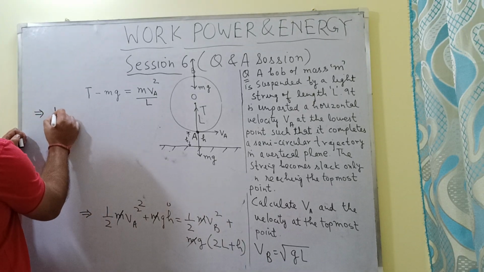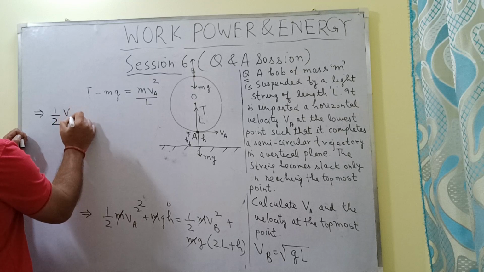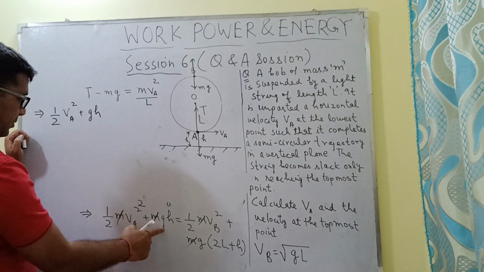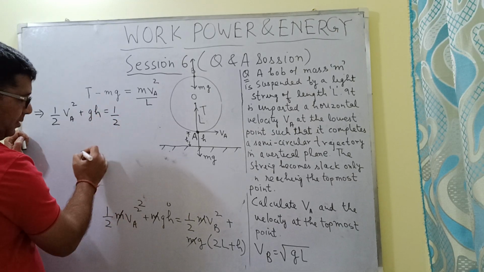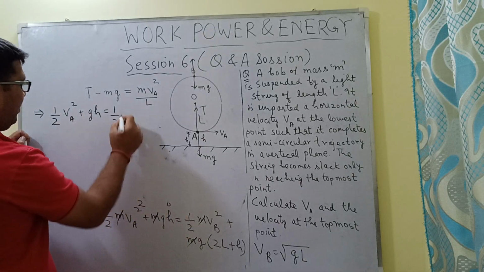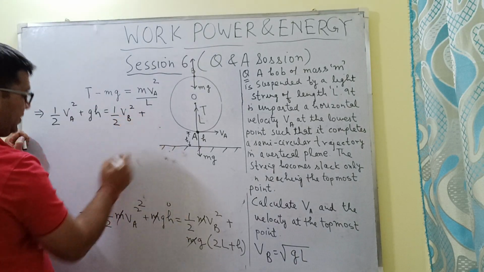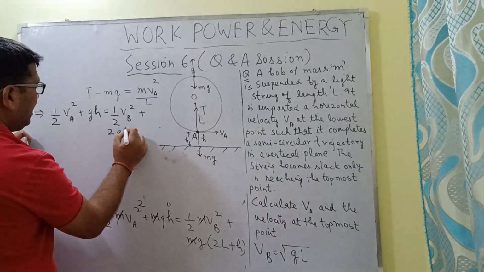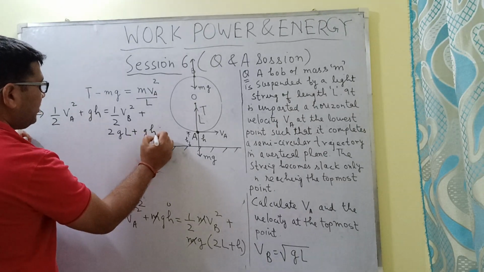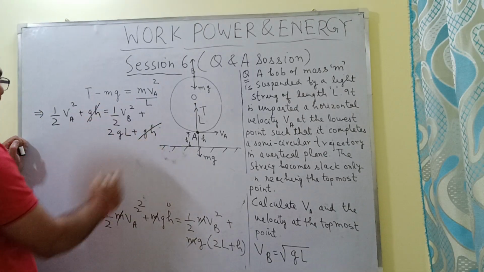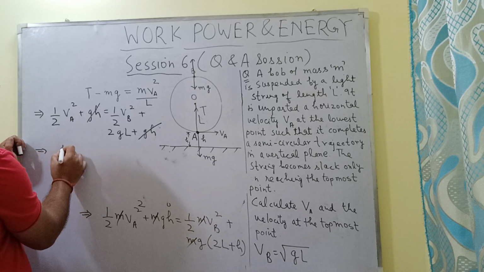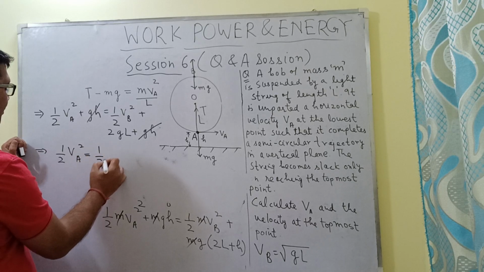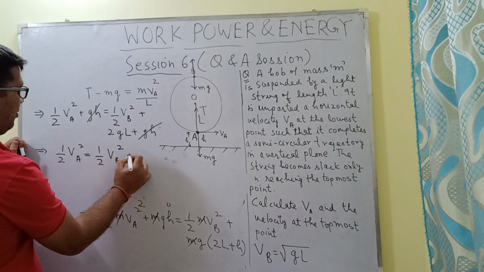So finally what I am getting is half VA square plus gh is equal to half VB square plus, opening the bracket, 2gL plus gh. Now gh and gh will get cancelled out. So what I am getting is half VA square is equal to half VB square plus 2gL.